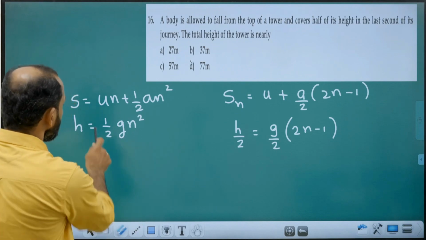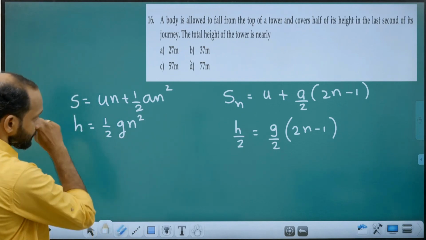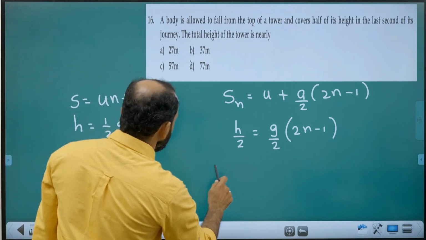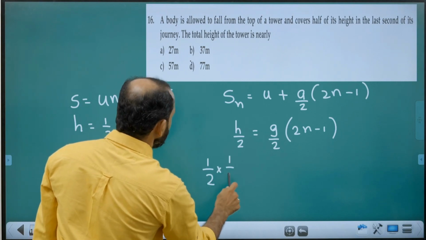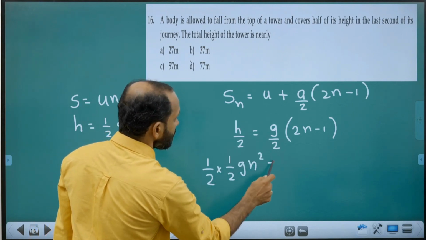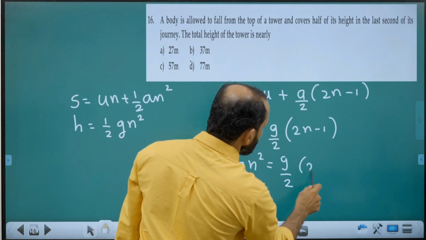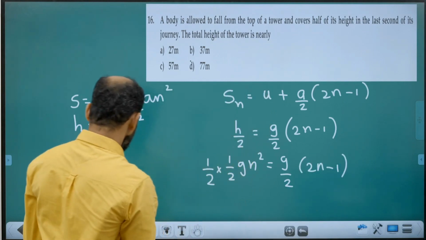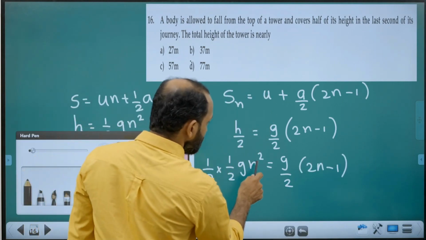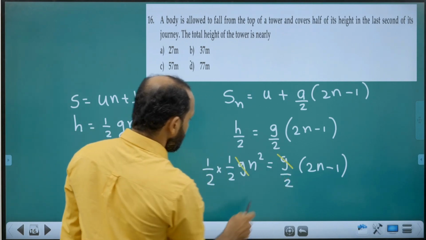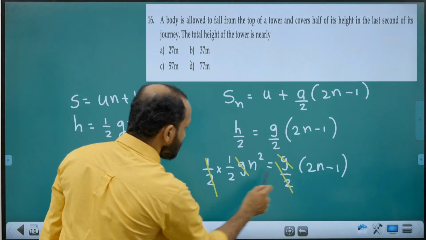Equate these two, so that you will get 1 by 2 times g n square is equal to g by 2 times 2n minus 1. You can cancel this g here, and you can cancel this half here.